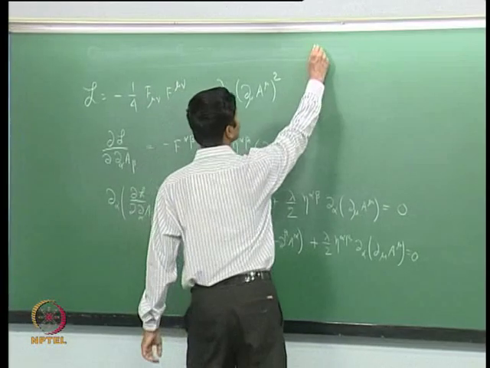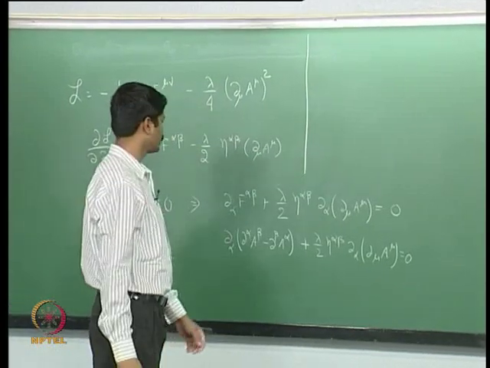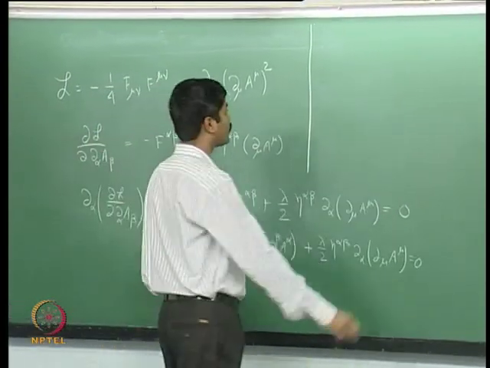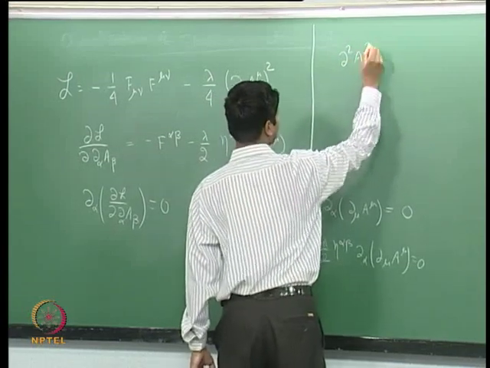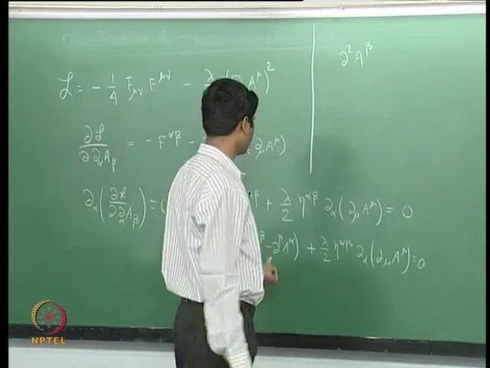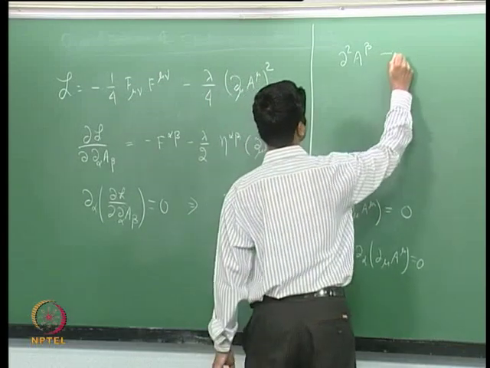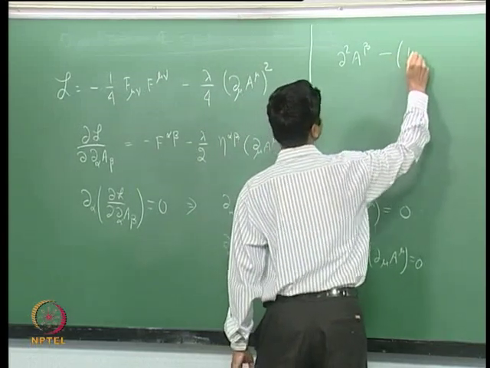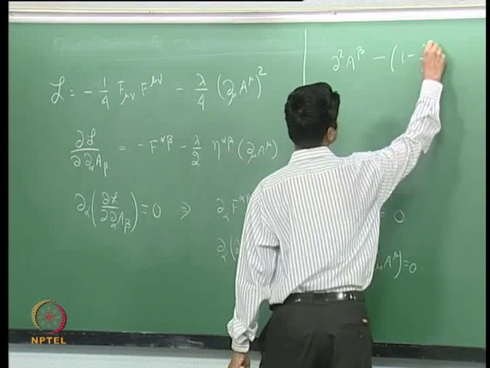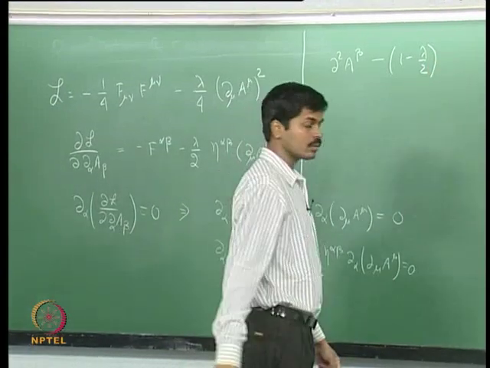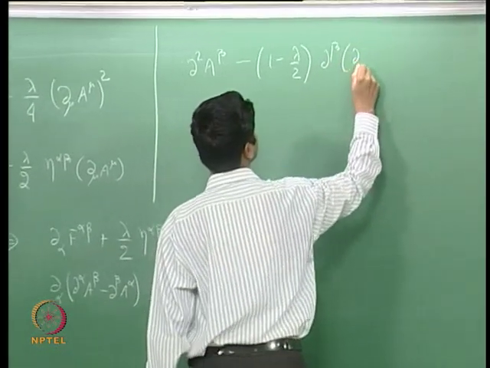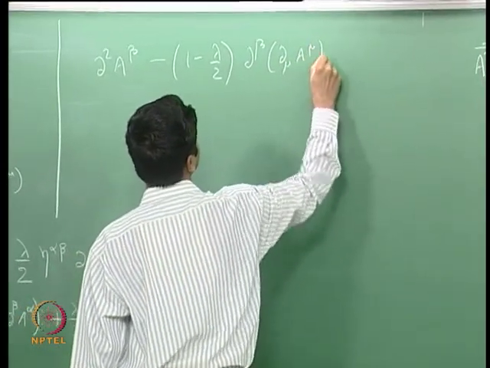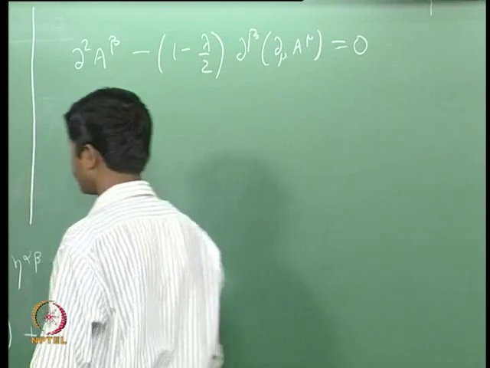So this simply means that you have del square acting on A beta minus 1 minus lambda over 2 del beta of del mu A mu equal to 0.